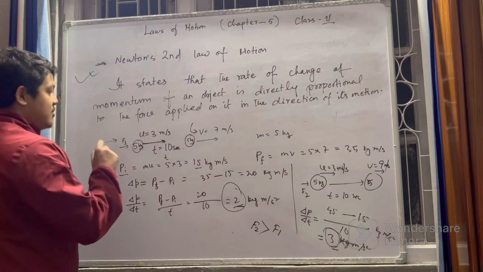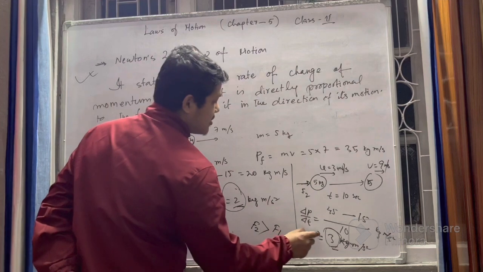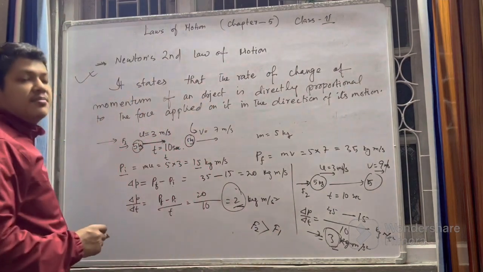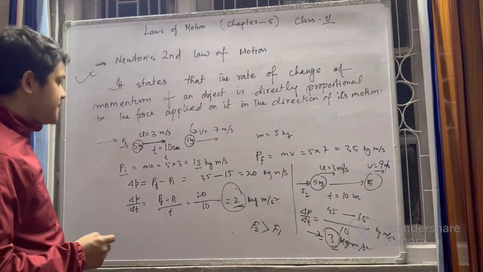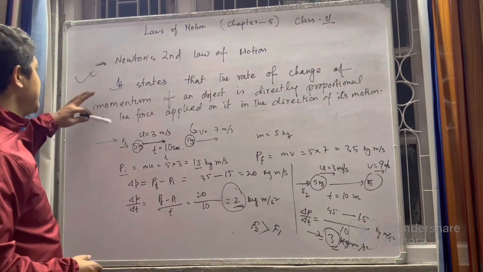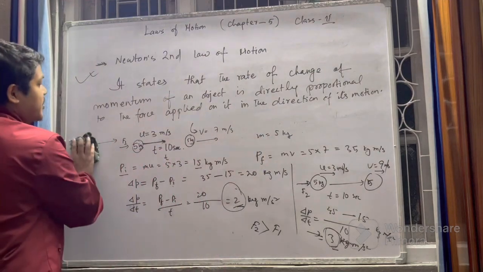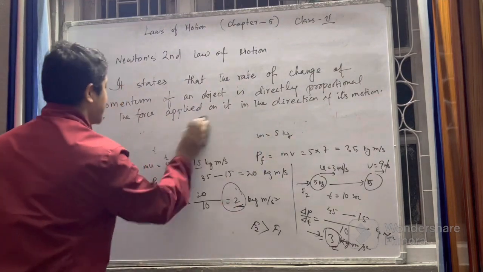If you apply greater force, there will be greater rate of change of momentum, right? So this is what is explained in Newton's second law. That means the rate of change of momentum is directly proportional to the force applied on it.